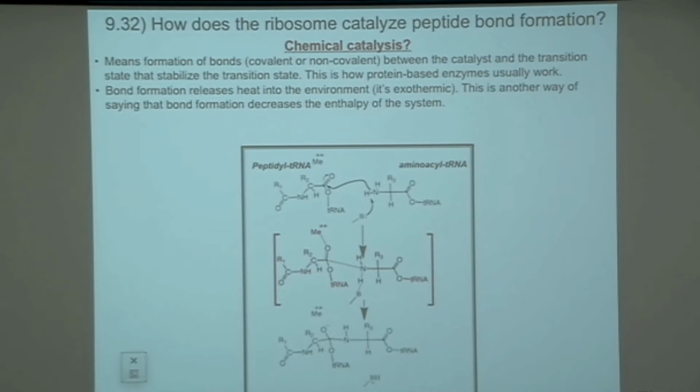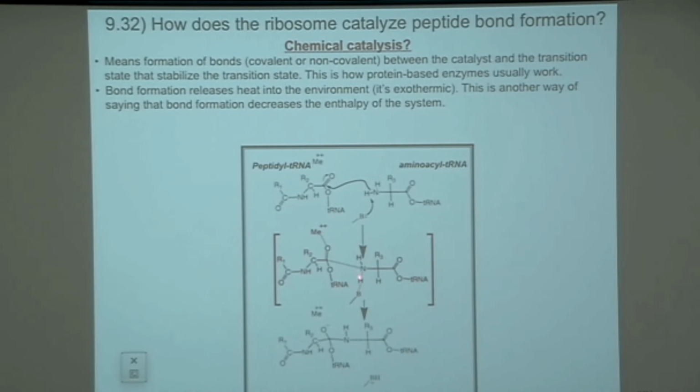One idea that people had when they first started thinking about how catalysis might occur is general base catalysis. The idea is that maybe there's a basic RNA residue in the peptidyl transferase active site that helps to pull this proton off of the nitrogen, off of the amino group, activating that amino group for a nucleophilic attack, right?